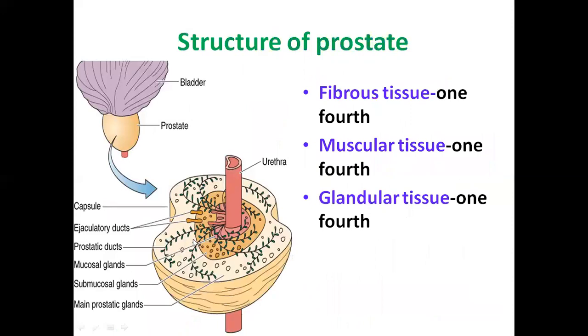Coming to the structure, we know like outside to inside we have P, then C and T, peripheral zone, central zone and transitional zone. Overall when you see structure, 1/4 of the gland is made up of fibrous tissue, 1/4 is made up of muscular tissue and 1/4 is made up of glandular tissue. Okay.